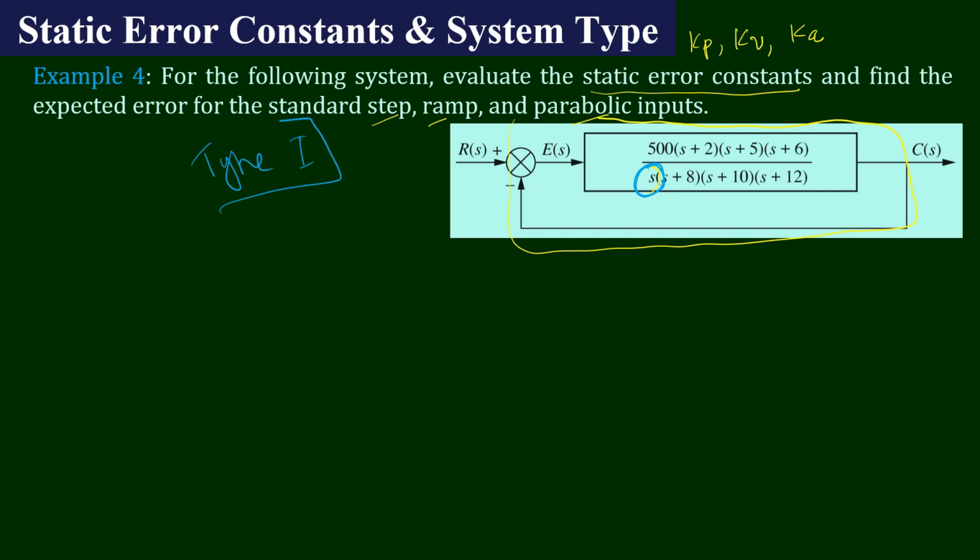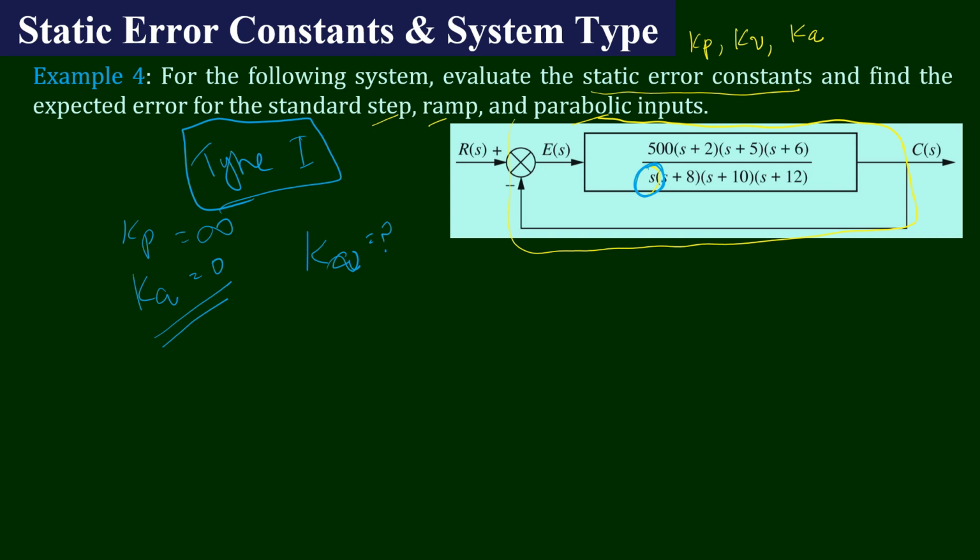So without calculation we know that Kp is equal to infinity, and Ka will be equal to 0. The only thing you have to determine is Kv.